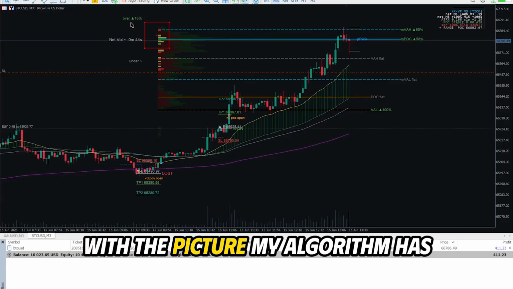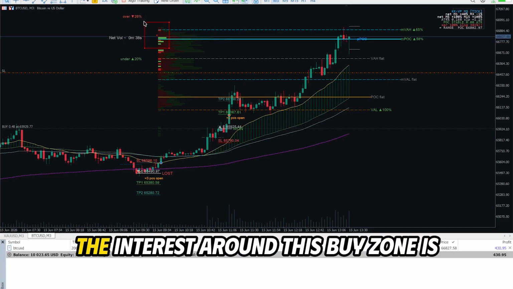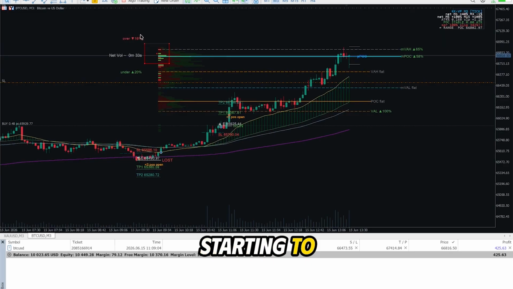With the picture my algorithm has already laid out here, meaning the interest around this buy zone is starting to become unclear.